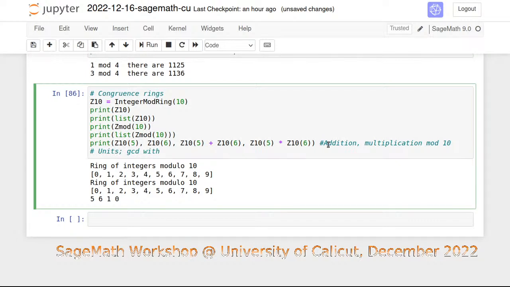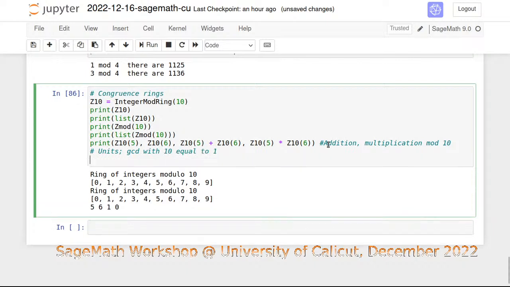The elements with GCD with 10 equal to 1. That's what units are.